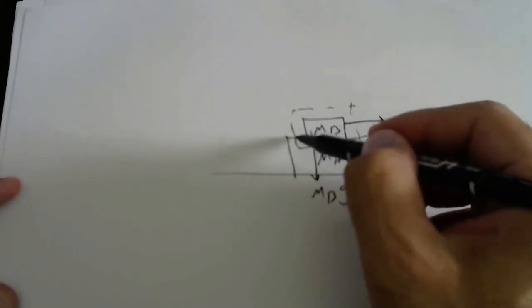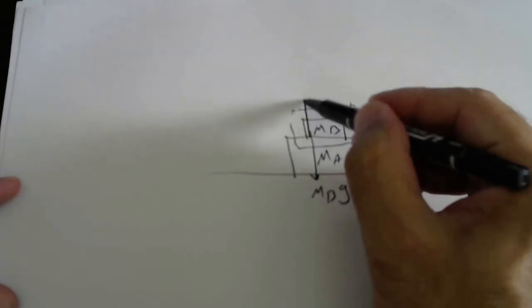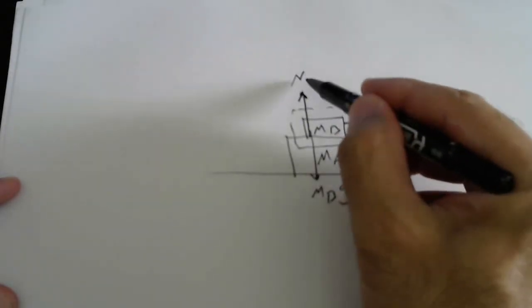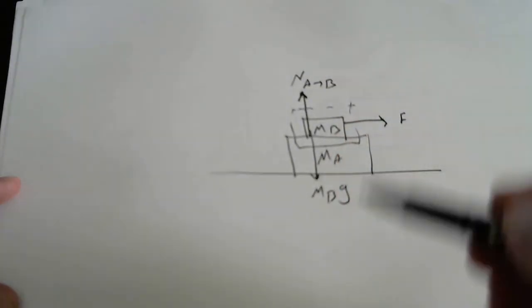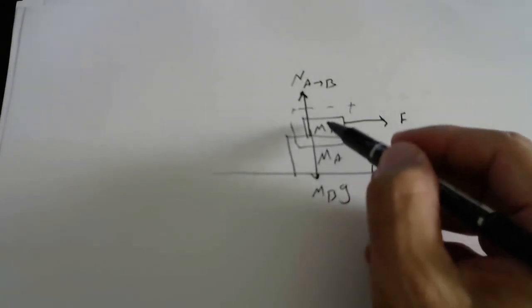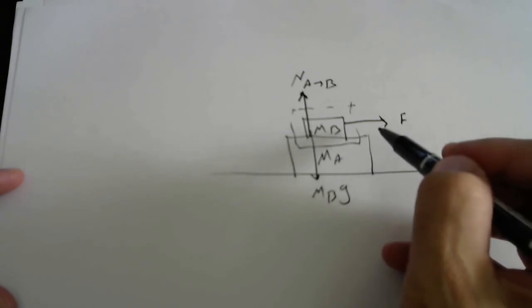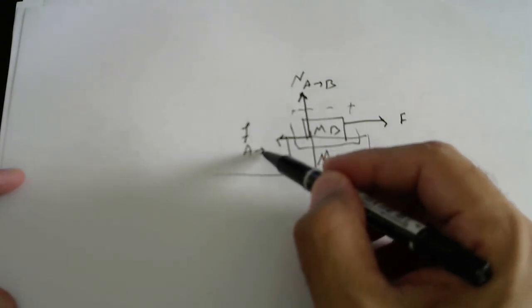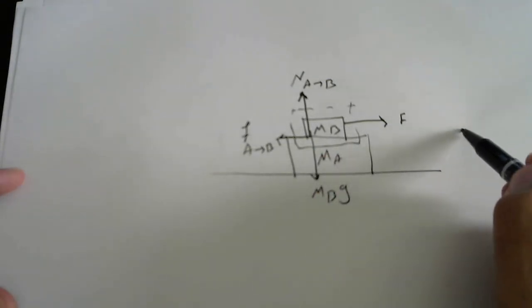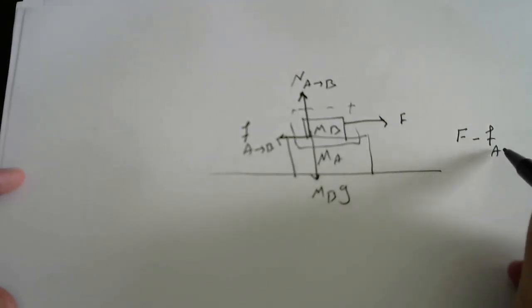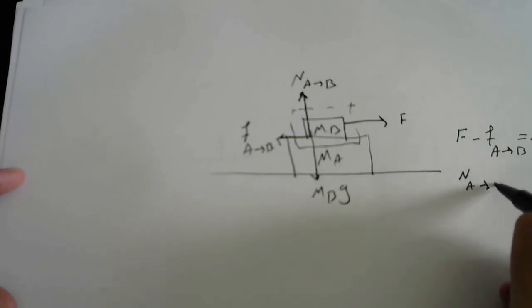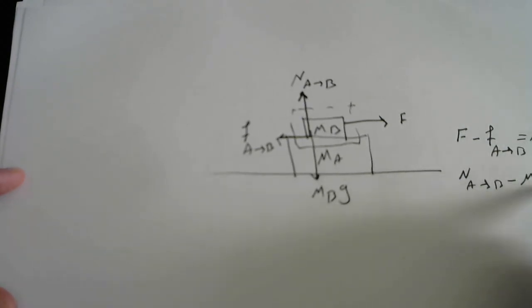This time the surface is the top surface of A, which acts on the object, and we call it N A to B. Since B wants to move in this direction, there would be a frictional force opposite to it, which is f A to B. Now F minus f A to B is MB a, and N A to B minus MB g equals 0.